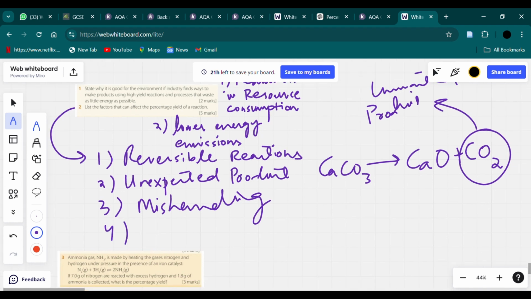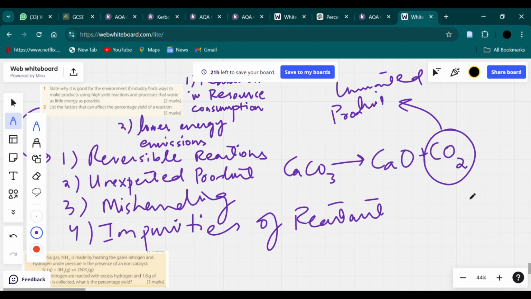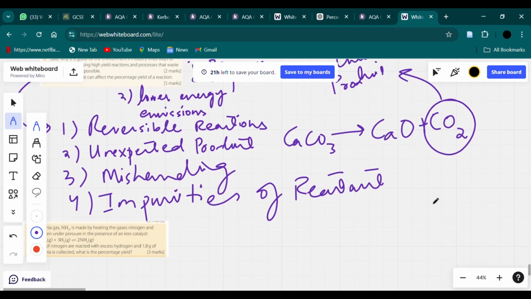So the fourth reason is impurities of the reactants. Because of the impurities of the reactants, not all of the reactant changes into the products, but because of the impurities within the reactant, they can be converted to other forms of products, or they can produce unwanted products, or side reactions may happen.